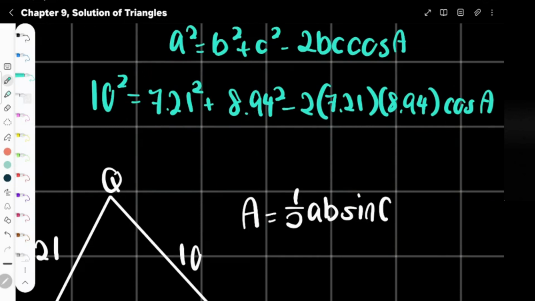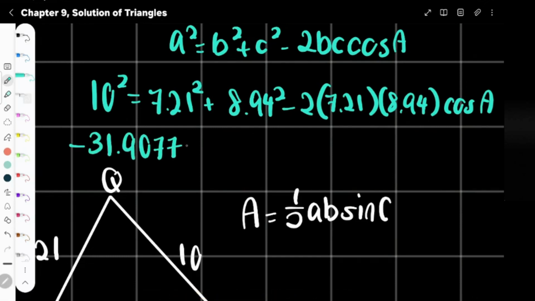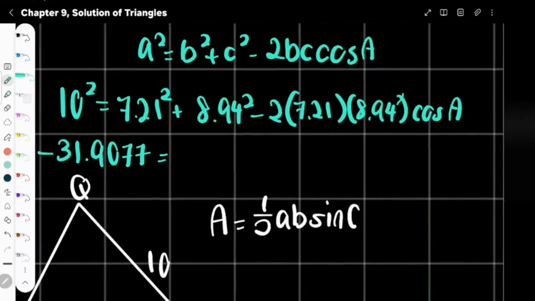So 10 square minus 7.21 square minus 8.94 square. It should be negative 31.9077 equal to, now let's solve this one here, use your calculator. So negative 2 times 7.21, times 8.94.